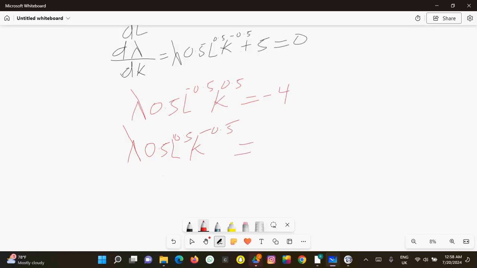Then now we equate it to negative 5. So now this is what we get, and then straight away we divide.